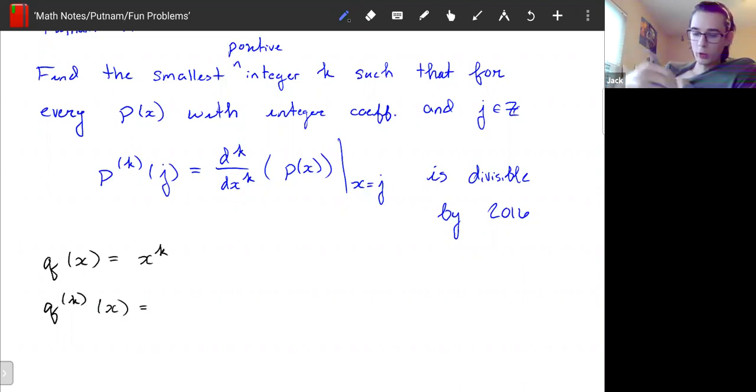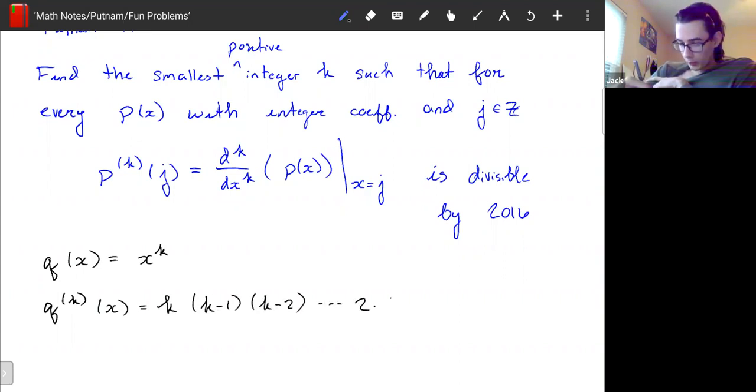Well, that's nothing more than k times k minus 1 times k minus 2 all the way down to times 2 times 1, right? Because just using the power rule for derivatives, you just drop the k down, it becomes k minus 1, and you keep doing that k times. So all we're left with is just k factorial as the kth derivative of this polynomial right here.